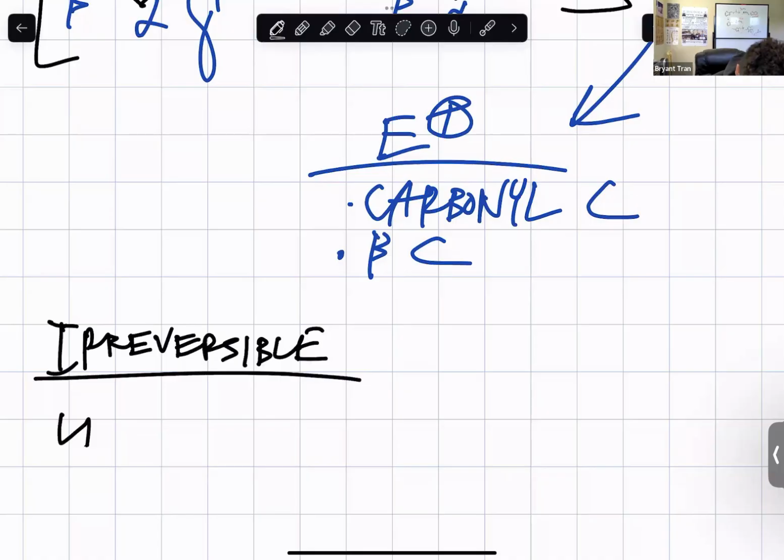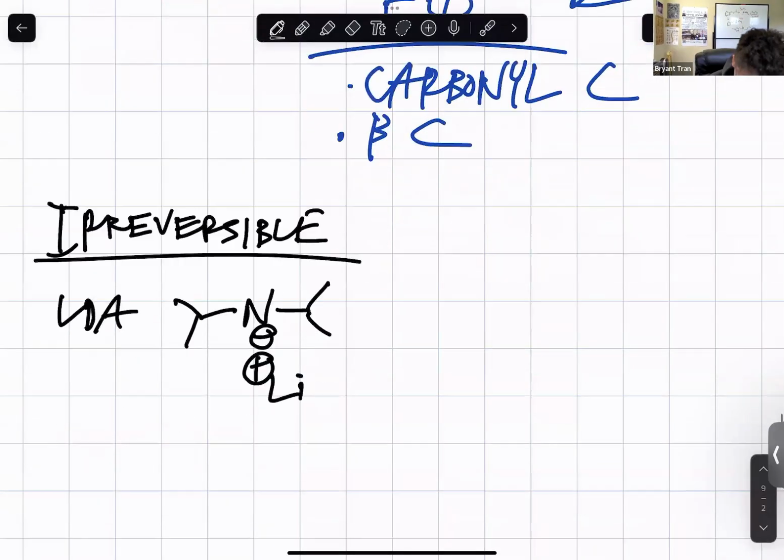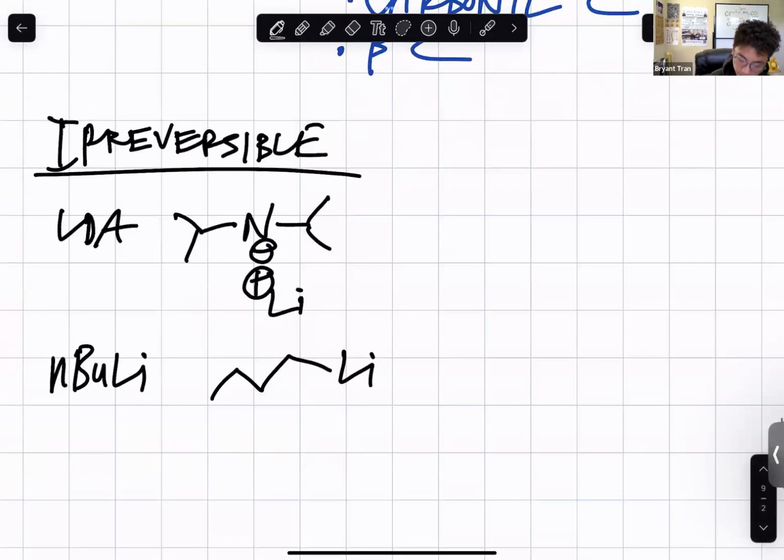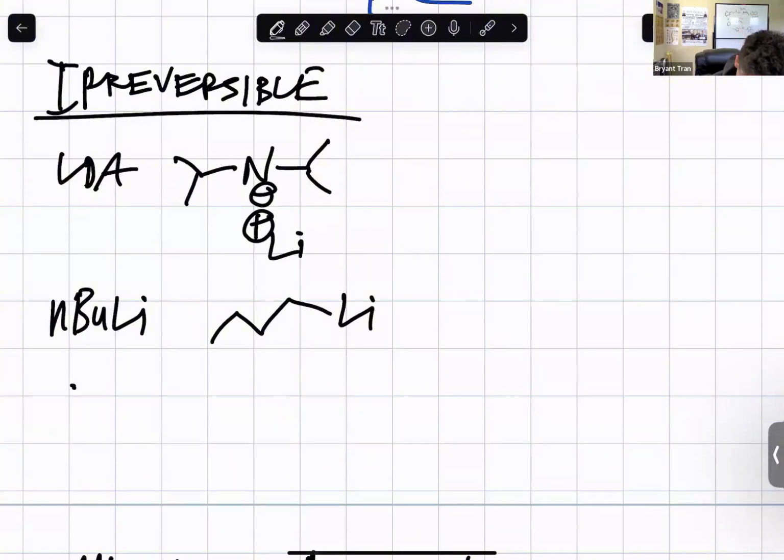There's going to be LDA, or you might see that in this form. There's going to be N-butyllithium, which is going to be like that. There's going to be NaH, which is a hydride ion. What else is there?